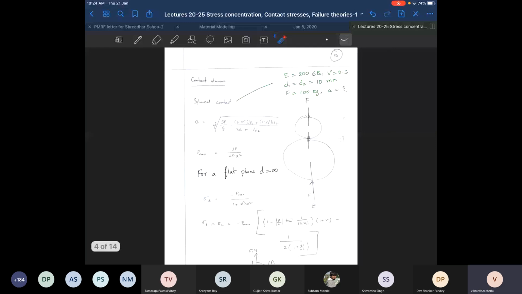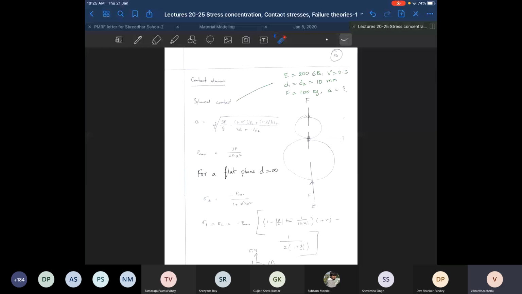Next, that is about stress concentration factors. What you need to do is identify the critical points in your problem.